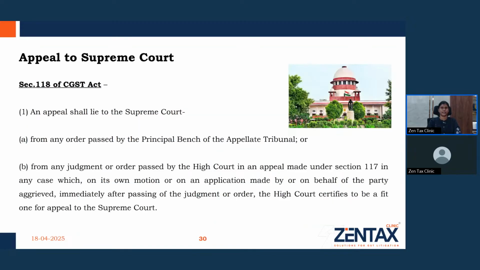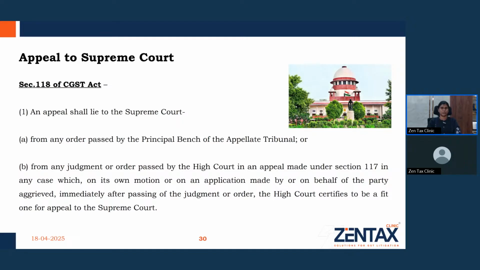The next and final stage is the appeal to Supreme Court. Section 118 of the CGST Act provides an appeal shall lie to the Supreme Court from any order passed by the principal bench of the appellate tribunal, or from any judgment or order passed by the High Court in an appeal made under section 117 in any case which, on its own motion or on application made by or on behalf of the party aggrieved, immediately after passing of the judgment or order, the High Court certifies to be a fit one for appeal to the Supreme Court.